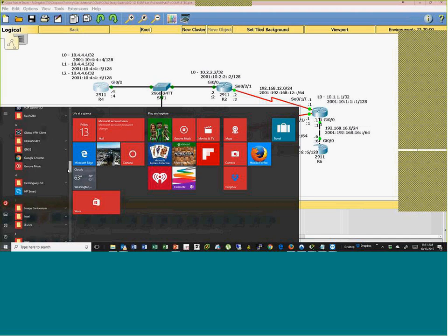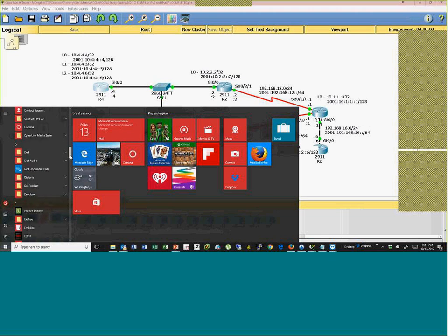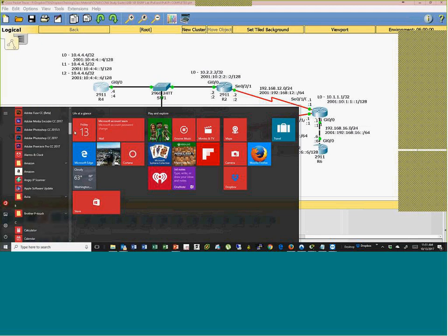What the heck is it? My search window's not working for some reason. I don't know. Come on. Oh, it is it. Yeah.